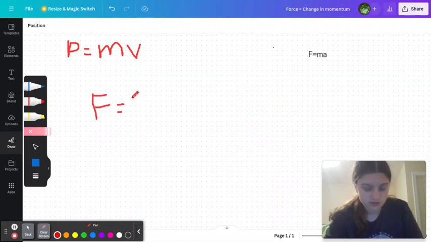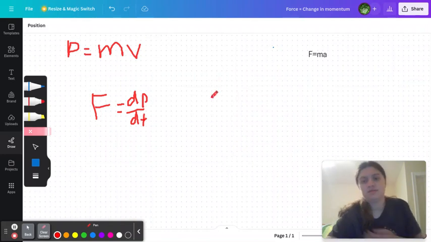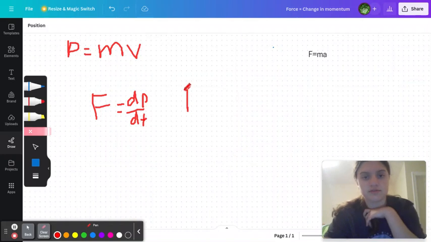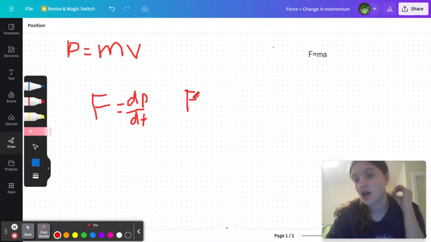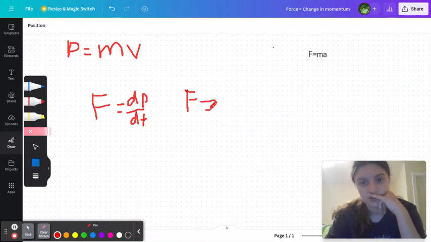F equals dp over dt. Ugly math. We know we can substitute that mv in for p. So we get F equals m dv over dt. I'm rewriting it because it's easier this way.